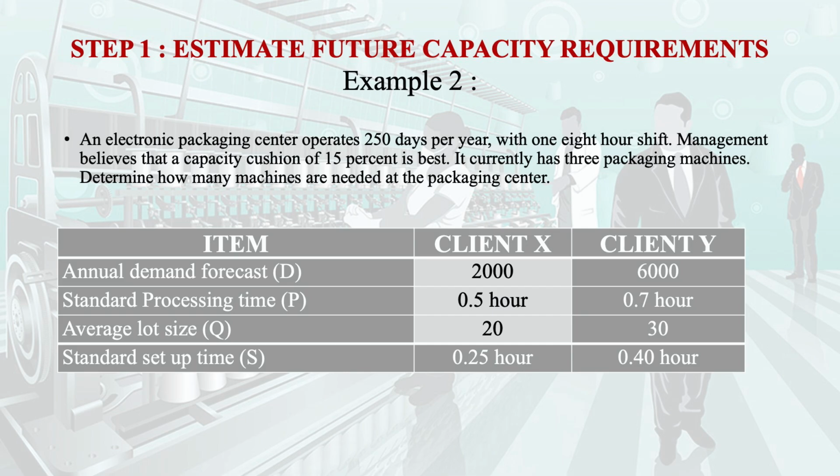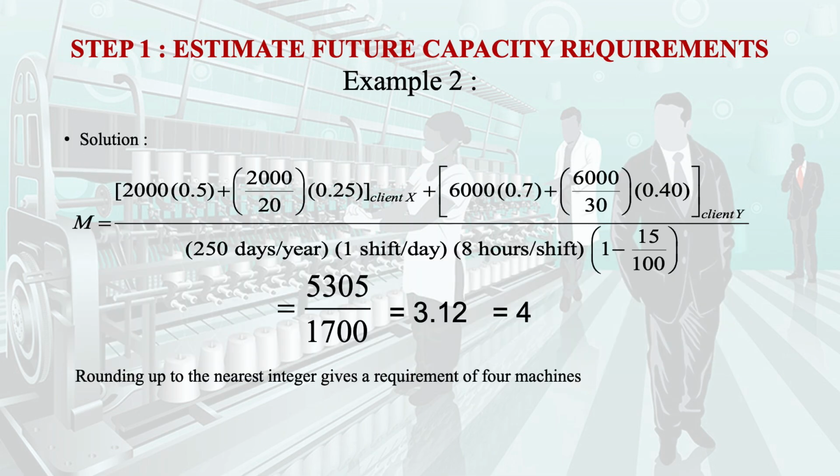On the left side, we have given the items. In the middle, we have the details about client X, and on the right side column, we have client Y. Then we will see what the best capacity step is and how you will determine the capacity for client X and for client Y. If I see the calculation, we get the requirement for 4 machines.